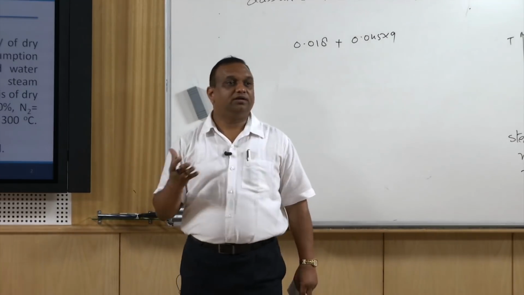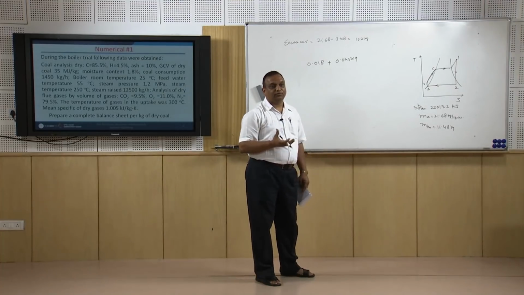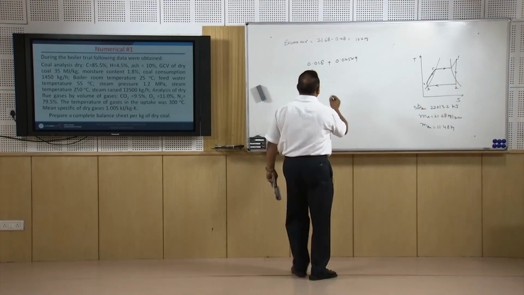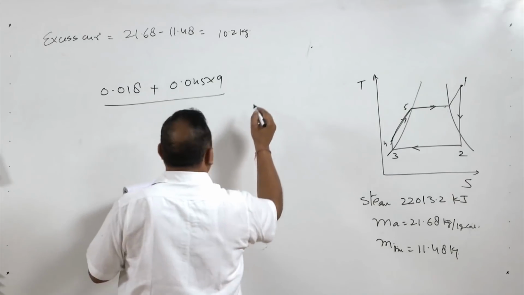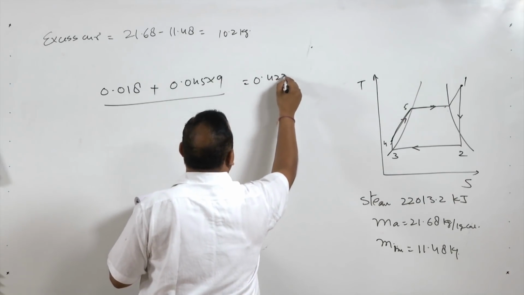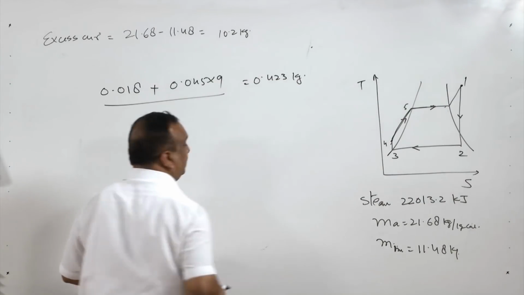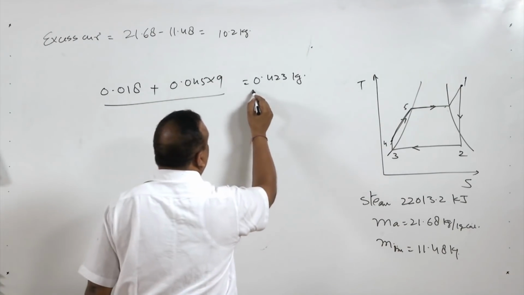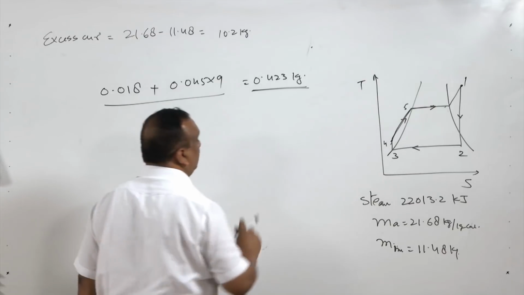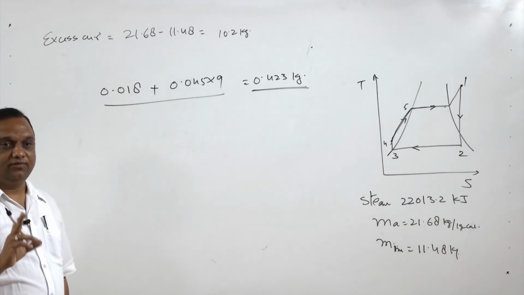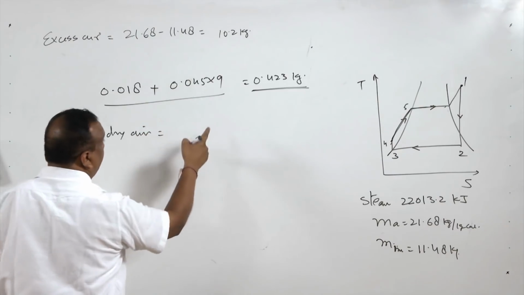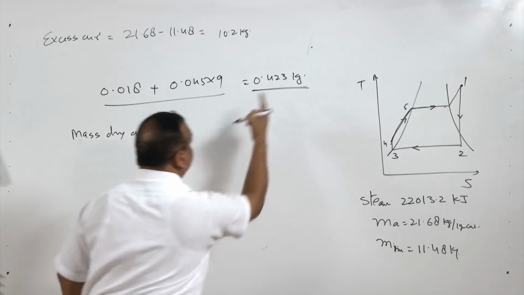This is the total amount of water present in the flue gases, which gives 0.423 kg of water going with the flue gases when we are burning 1 kg of fuel. So the mass of the dry air will be the difference of this.